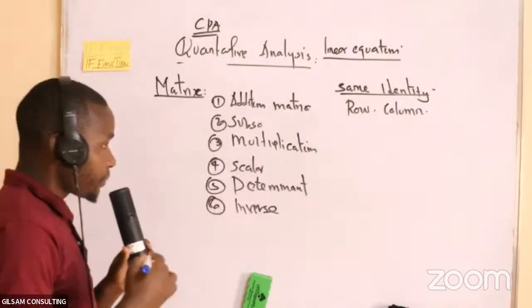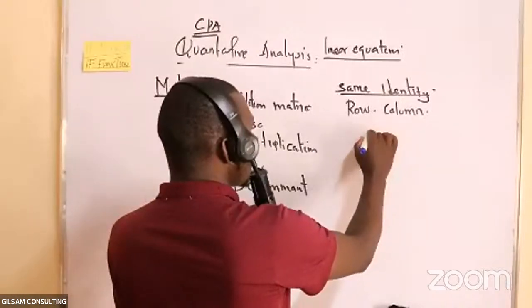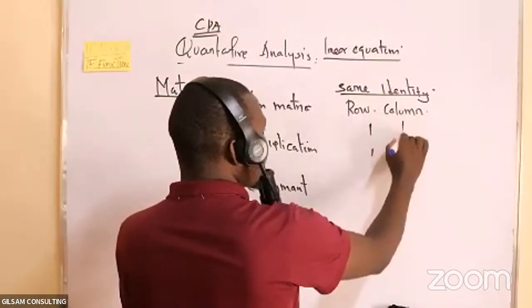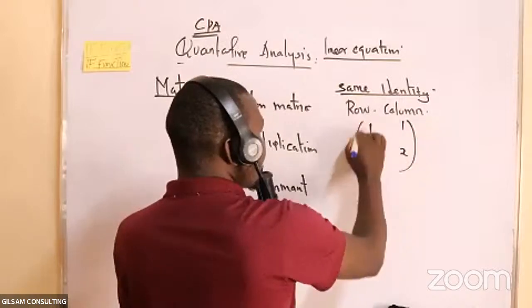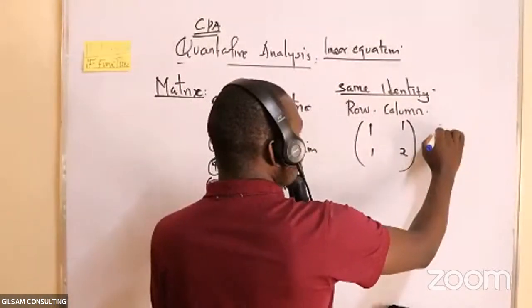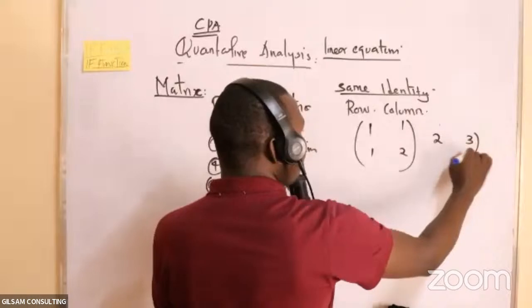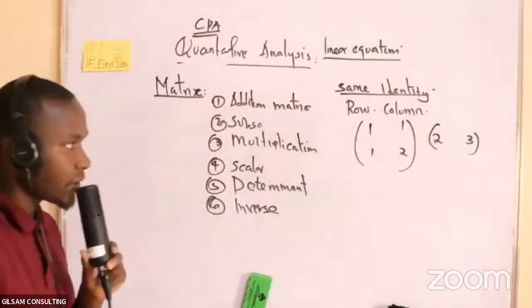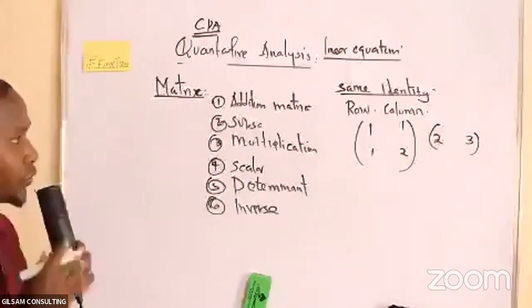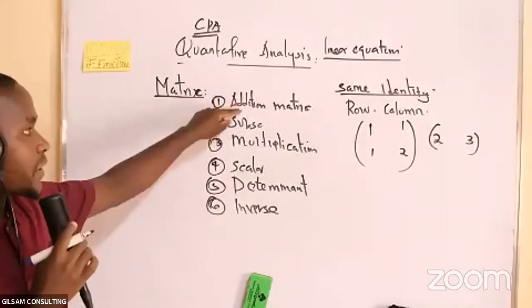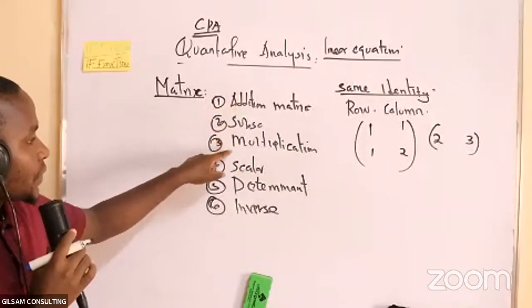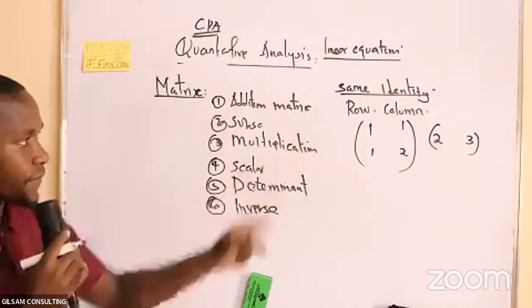So, for example, you will be given this kind of matrix, and then you will be told to do what? To do either subtraction, multiplication, the determinant, or the inverse of that matrix.